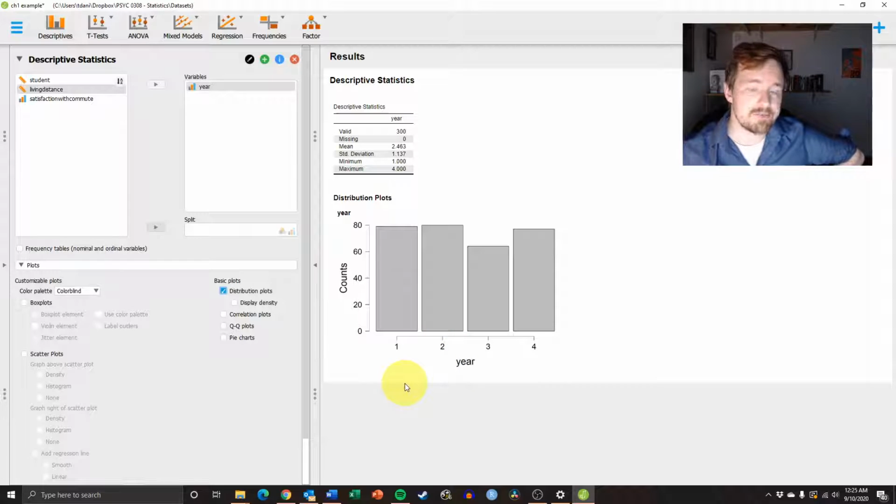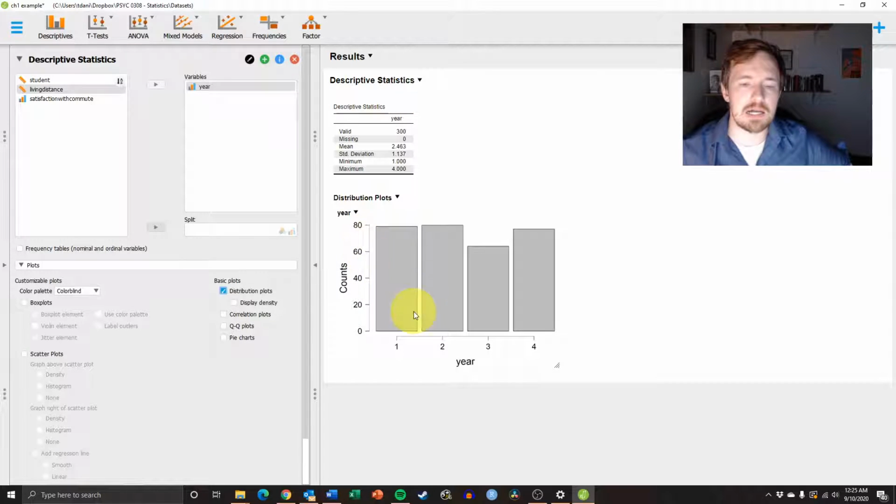So for us, it's qualitative, right? You're either a first year, a second year, a third year, or a fourth year, according to our data. There's not the case where people between these two count. We're lumping them all into these four categories. So this is not a histogram. We'll look at a histogram in just a moment, though.